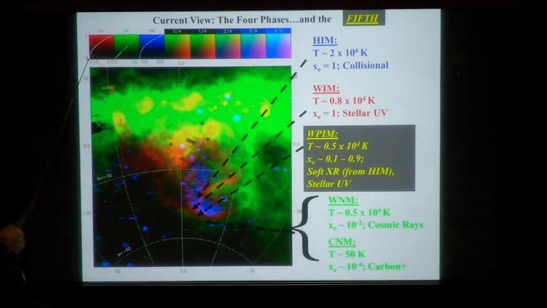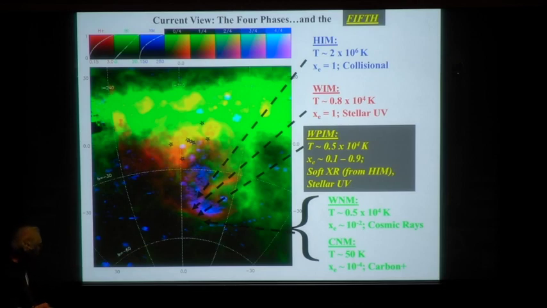Red is the H alpha line, green is the 21 centimeter line, blue is the X-ray. There's a hot X-ray gas that's overlain by the cooler neutral and ionized gas that has been swept up into a shell like this, and that shell is expanding at about 20 kilometers per second.